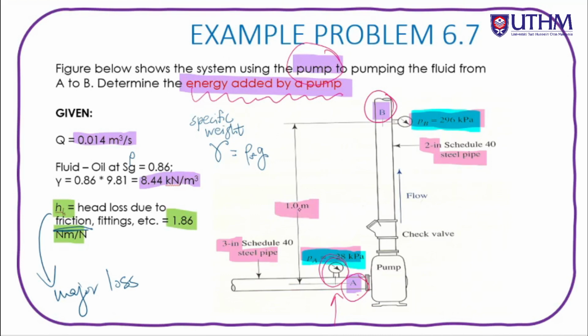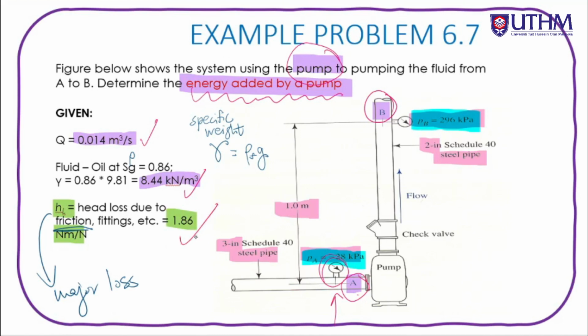Okay, alright. So also given is the flow rate and also specific weight lah, 8.44 kilonewton per meter cube. And also given the head loss due to friction and also fitting and stuff is 1.86.